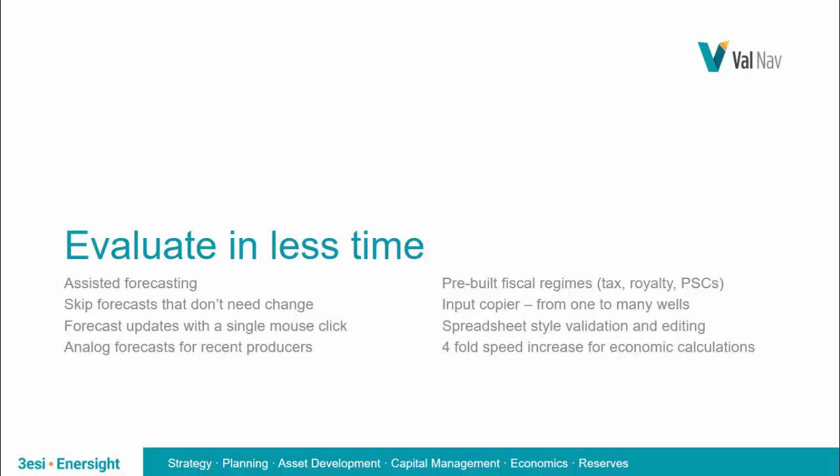In our last release, we updated our economic calculation engine and have realized a 4 or 5 times speed increase through new algorithms. What used to take us 2.5 hours to calculate 32,000 cases, we now do in less than 30 minutes. Let's look at other ways that you can evaluate in less time.